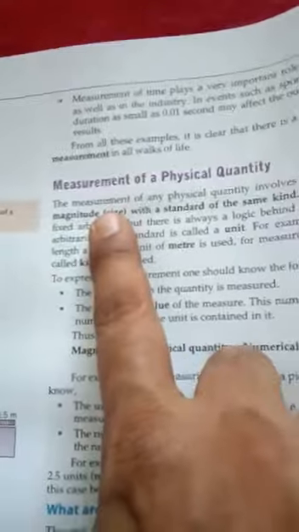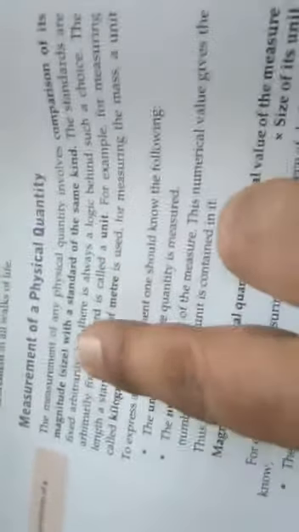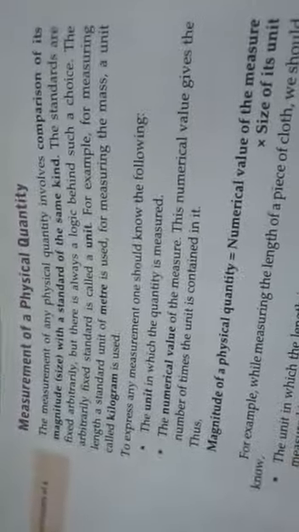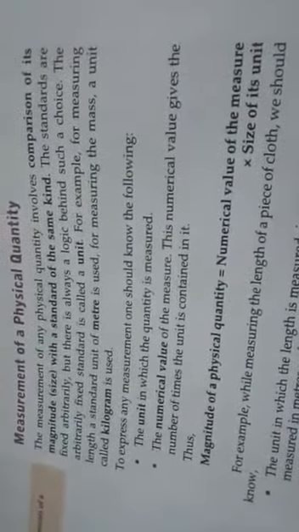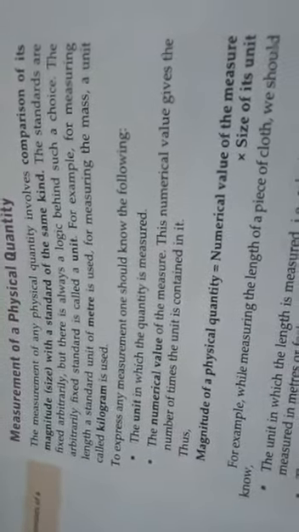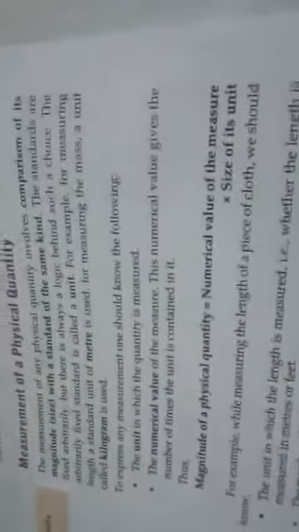Okay children, you can see here that the measurement of a physical quantity involves the comparison of its magnitude with a standard of the same kind. To express any measurement, one should know the following points.